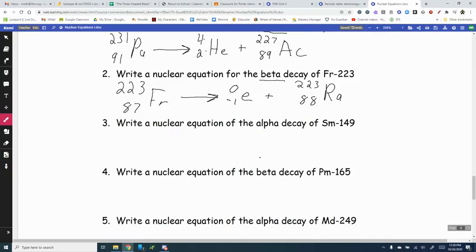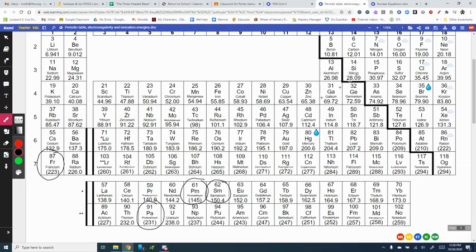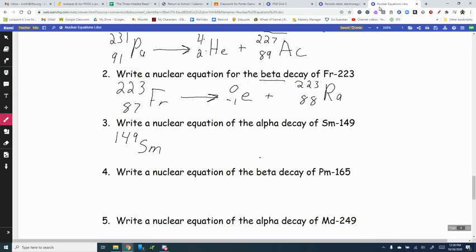Next one is Sm149. So 149 Sm. We check and see what that atomic number is. Sm is 62. So 62 goes on the bottom. We do our arrow. Since this is alpha decay, that's going to be a 4, 2 helium. That is an alpha particle. And then we add what's left of samarium.